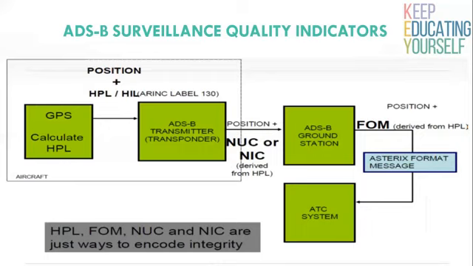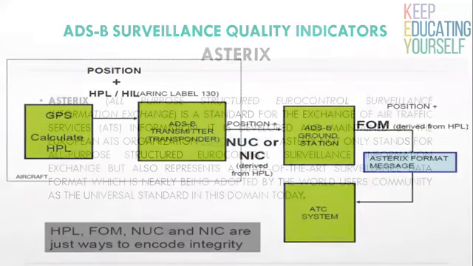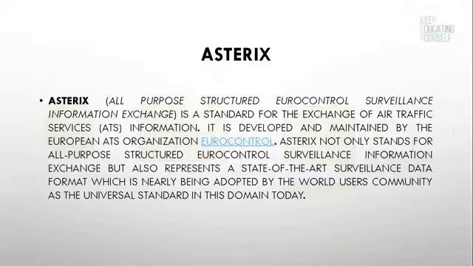ASTERIX is an all-purpose structured Eurocontrol surveillance information exchange. It is a standard for the exchange of ATS information. It is developed and maintained by the European ATS organization Eurocontrol. ASTERIX not only stands for all-purpose structured Eurocontrol surveillance information exchange but also represents a state-of-the-art surveillance data format which is nearly being adopted worldwide as a universal standard in this domain today.